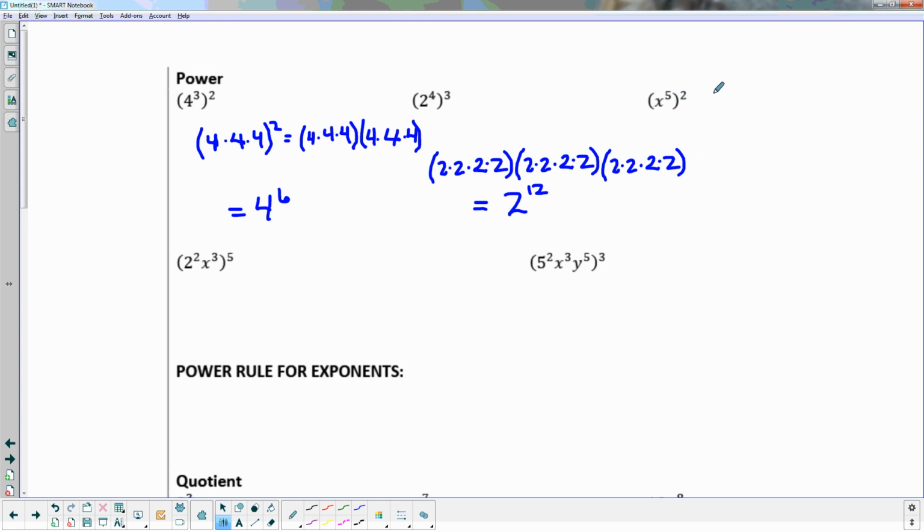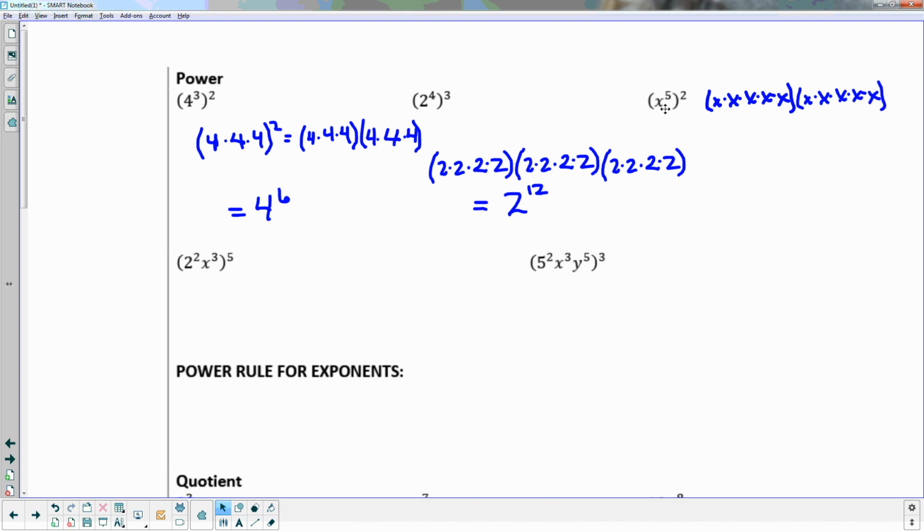So I have x to the 5th squared. I'm going to use my little trick again, but I do have to write the first one. 5 x's, those are all being multiplied. All right.